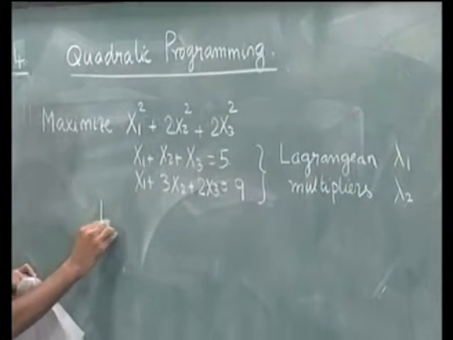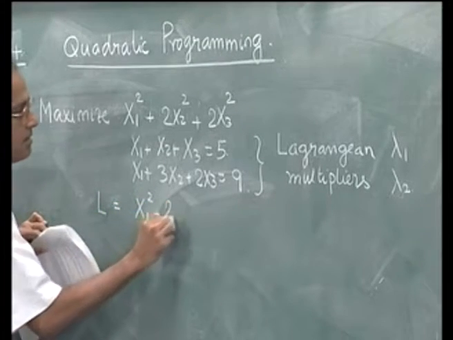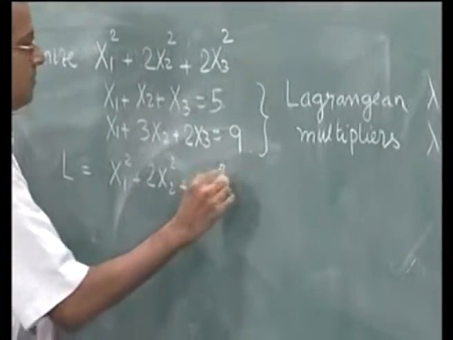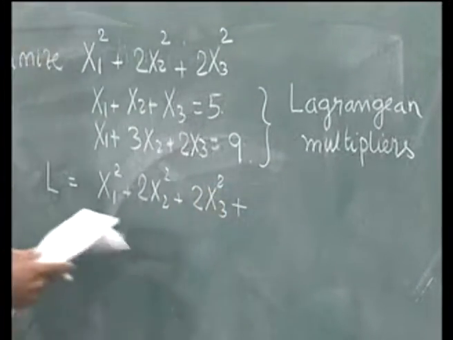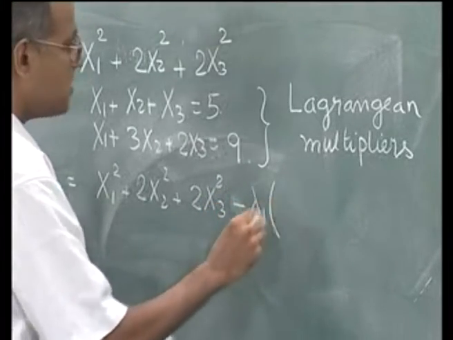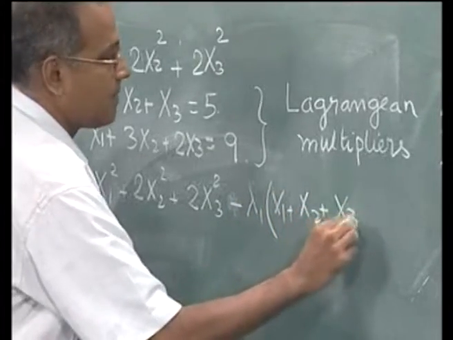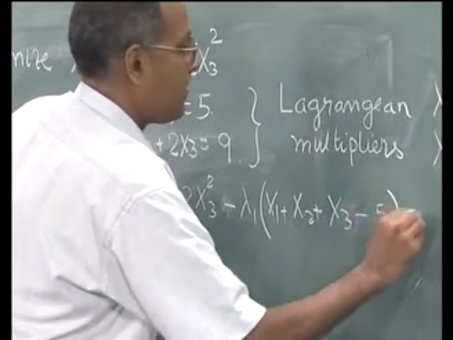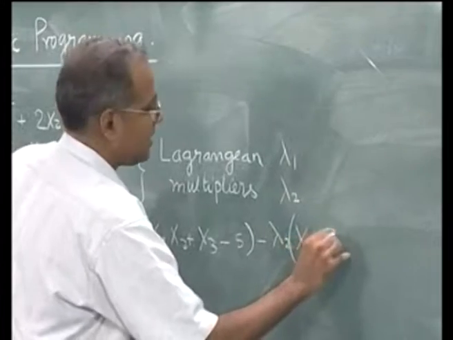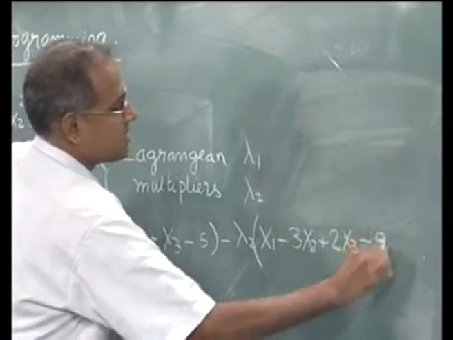So, the Lagrangian function L will be x1 square plus 2x2 square plus 2x3 square minus lambda 1 into (x1 plus x2 plus x3 minus 5) minus lambda 2 into (x1 plus 3x2 plus 2x3 minus 9).